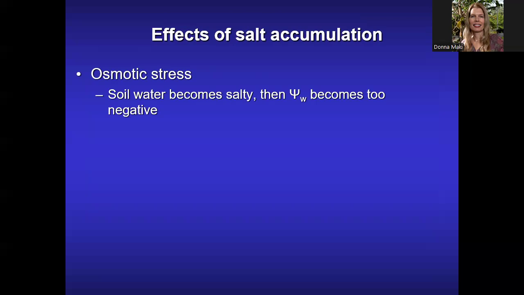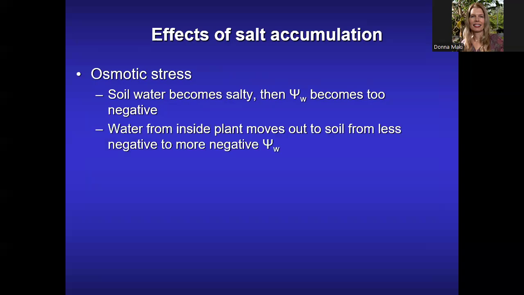What that means is your overall water potential gets really negative, because we said before, more solutes, more negative psi sub S. And you can actually have water moving from less negative water potential in the plant to more negative water potential in the soil. So it's actually sucking water out of the plant due to the laws of water potential and water movement.